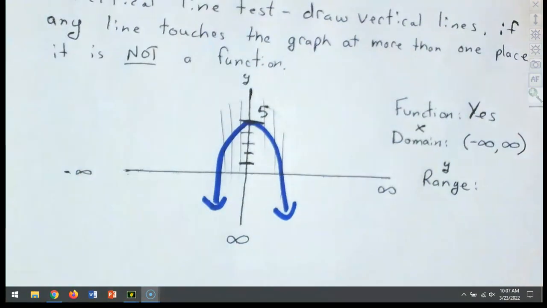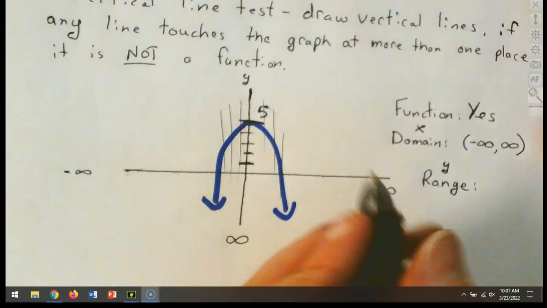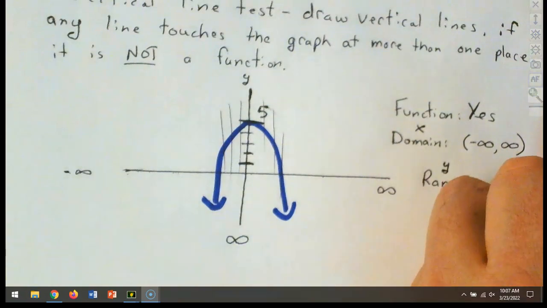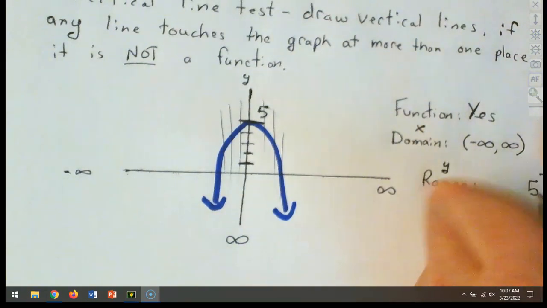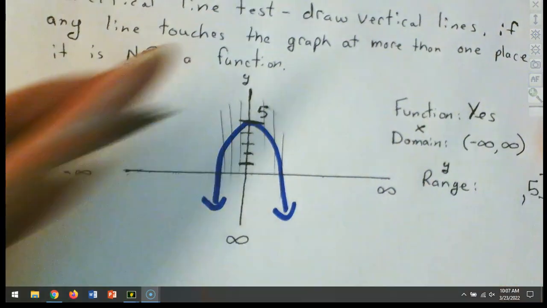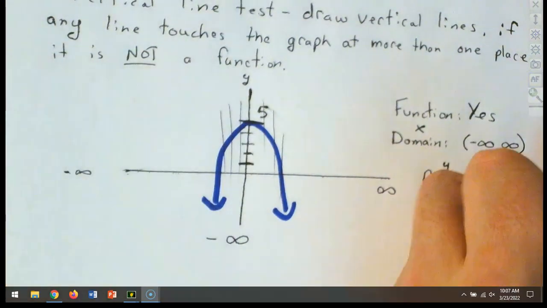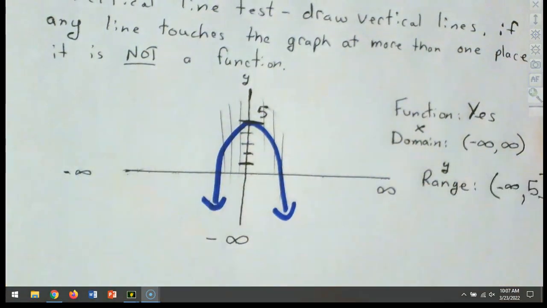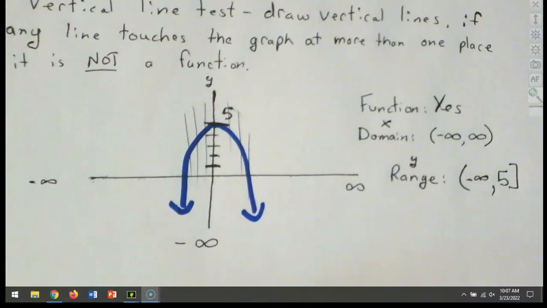Down. So my range would then be, and you've got to make sure it's in the right order, 5 for the largest part. We'll use a square bracket. And then where does it go to? Down to what? Negative infinity. So my range would be negative infinity to 5. You have to make sure it's in the right order, right? Because negative infinity is on the left.